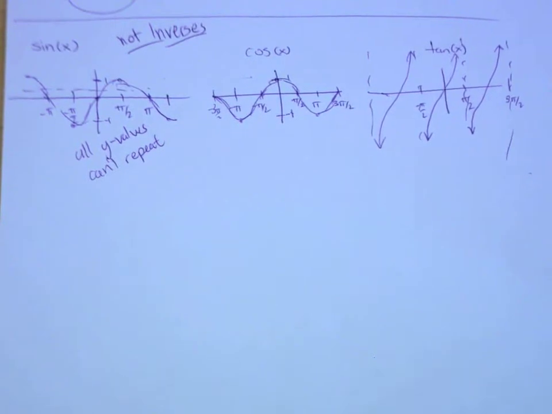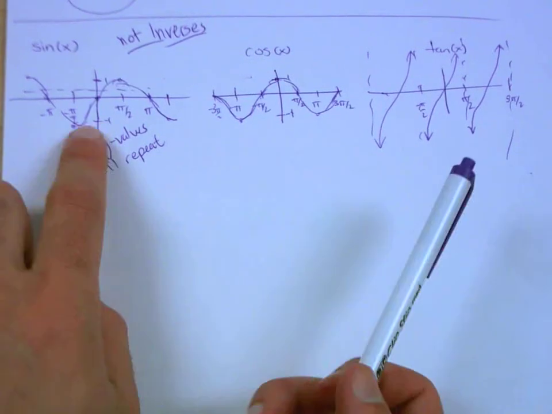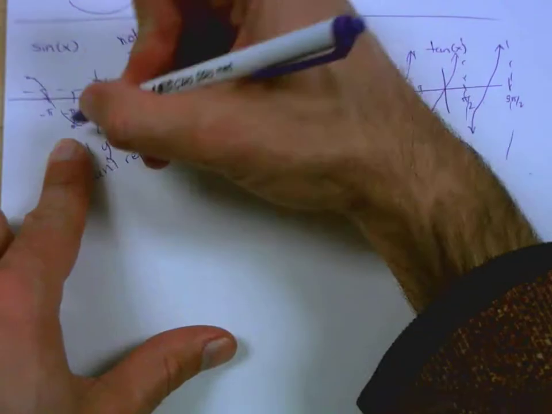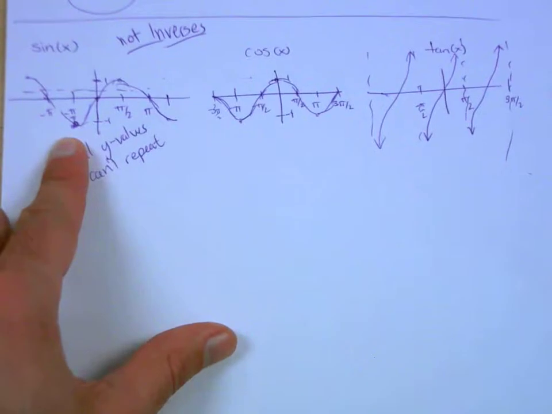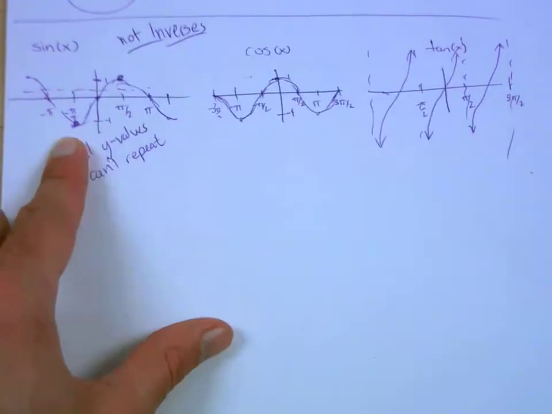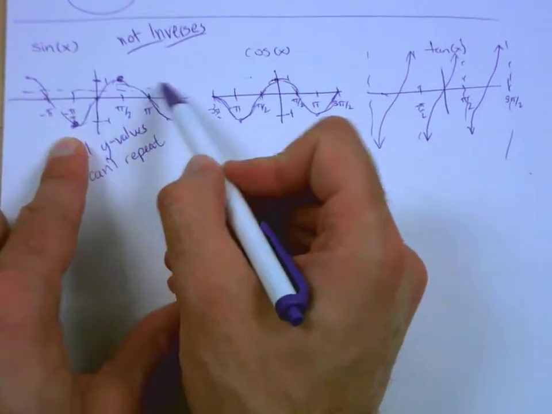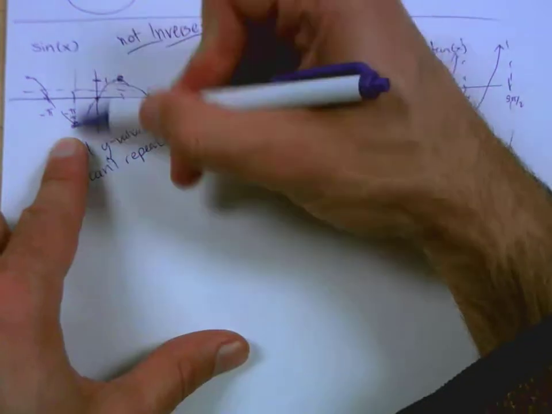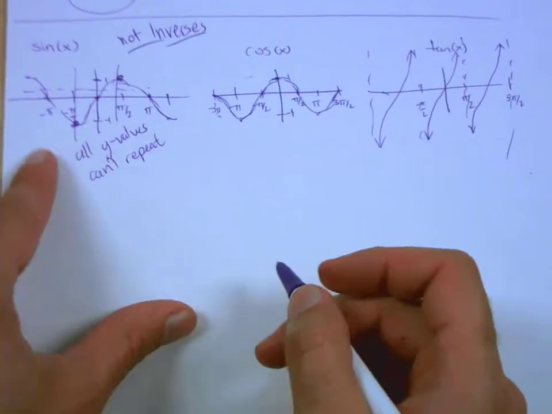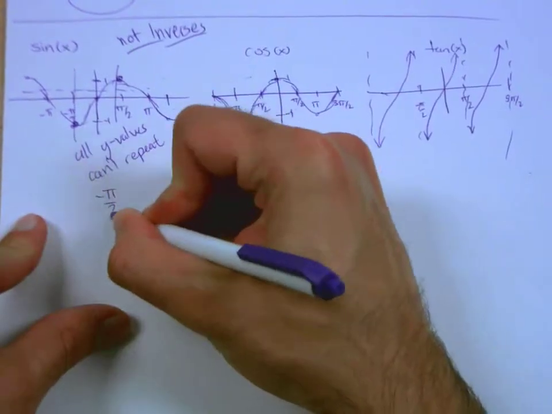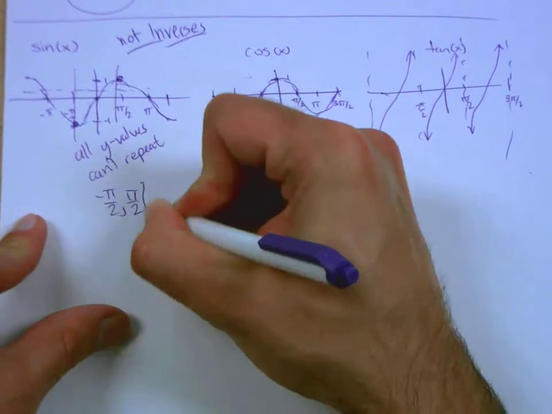Look, if I start at the minimum and go to the maximum, I have repeated no values, and I've included all of my range. And so that section right there, negative pi over 2 to pi over 2, is in fact invertible. Yay. Find similar sections on those other 2 functions.